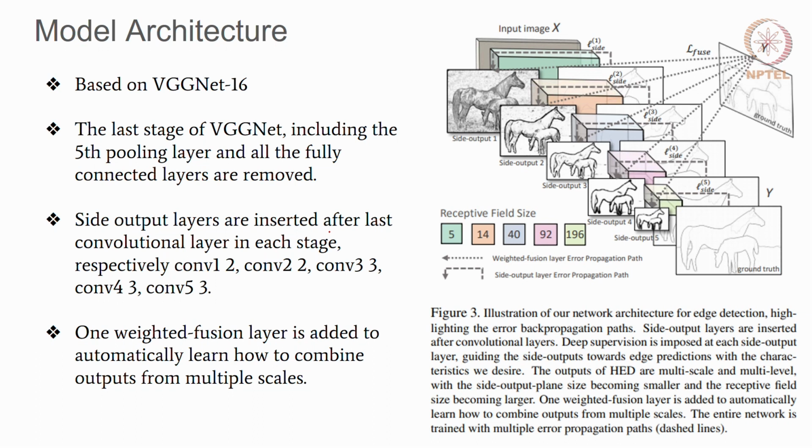They'll have max pool and all, which you would think will make the dimension go down, but then there is something called a deconv operation, which I didn't talk about. Just as you have a convolution, there is also what is called a deconv operation.